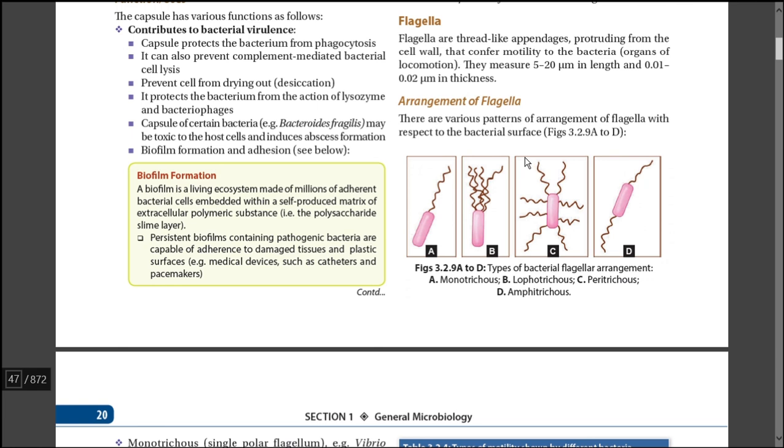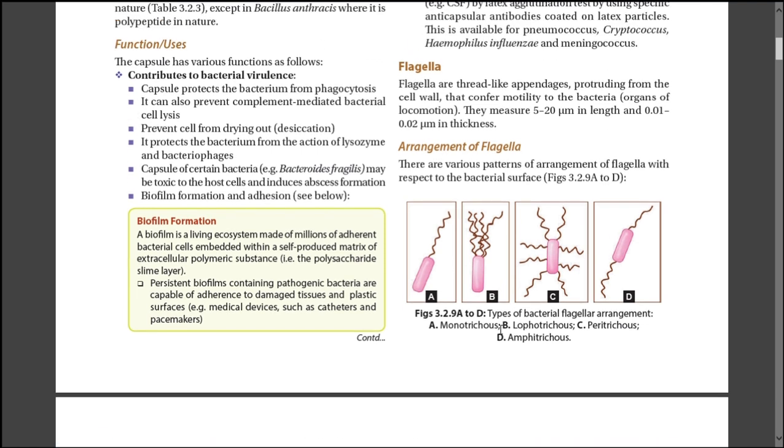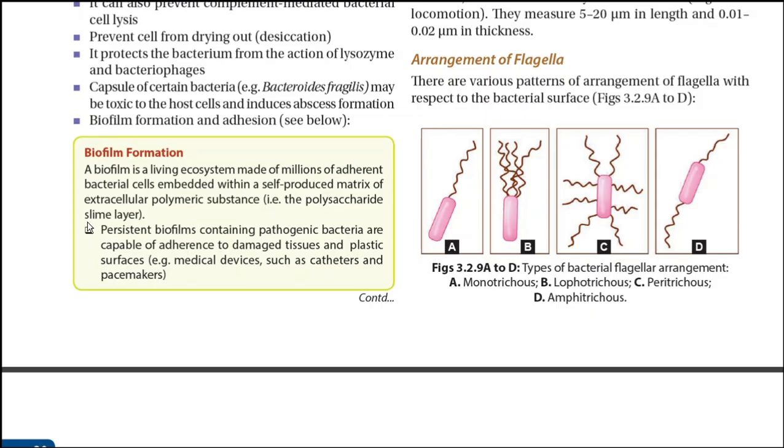Let us see how flagella are arranged. In the arrangement of flagella, we have four categories: monotrichous, a single flagellum at one end; lophotrichous, multiple flagella at one end; peritrichous, flagella arranged surrounding the cell in all directions; and amphitrichous, in which flagella are present at the opposite poles. So there are four types of flagellar arrangement.